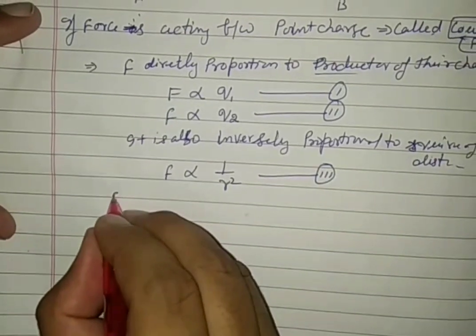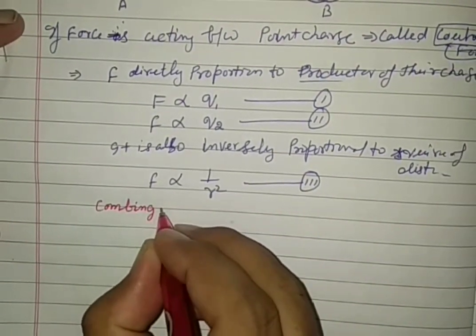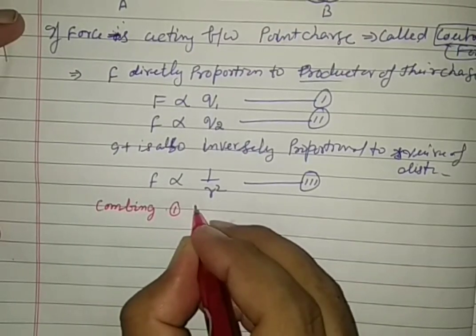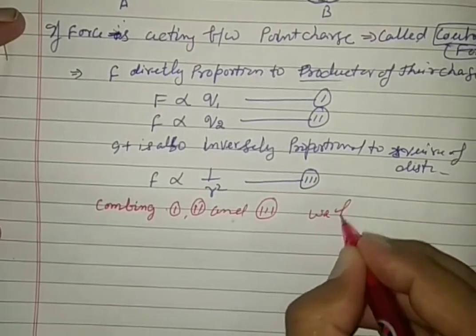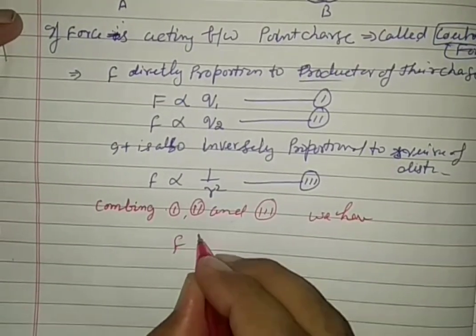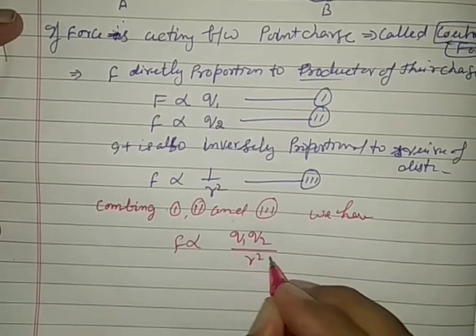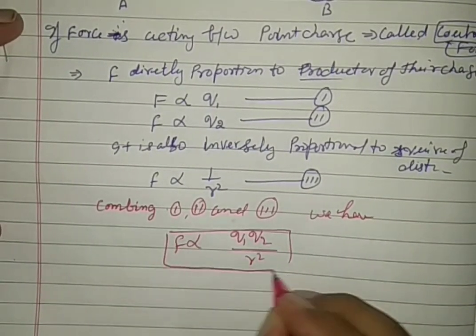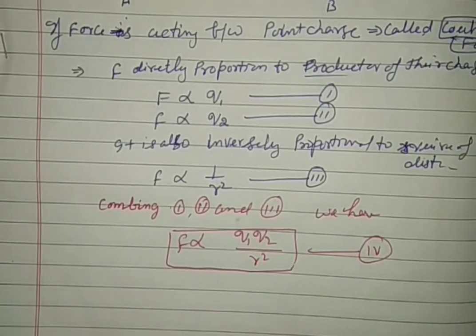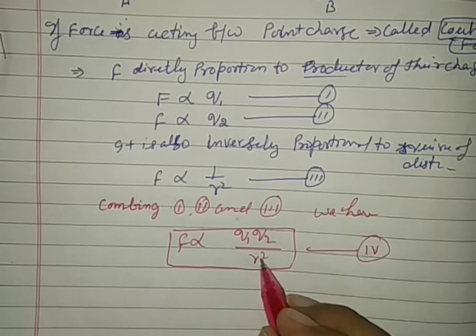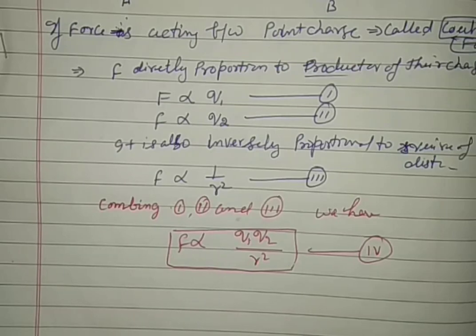Combining equations 1, 2 and 3, we have F proportional to Q1 Q2 by r square. This is represented by equation 4. This is the force acting between these three parameters, Q1, Q2 by r square.